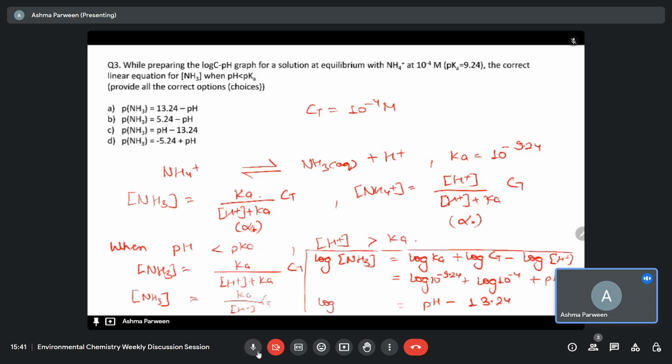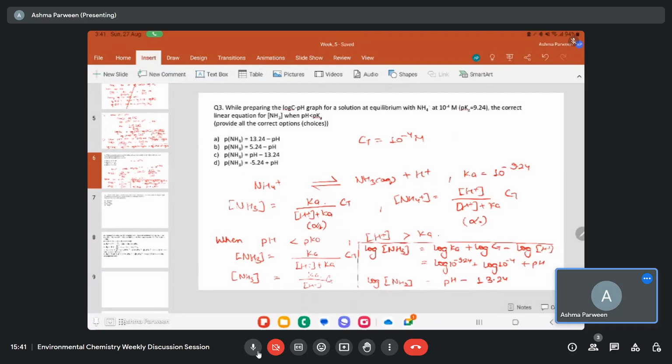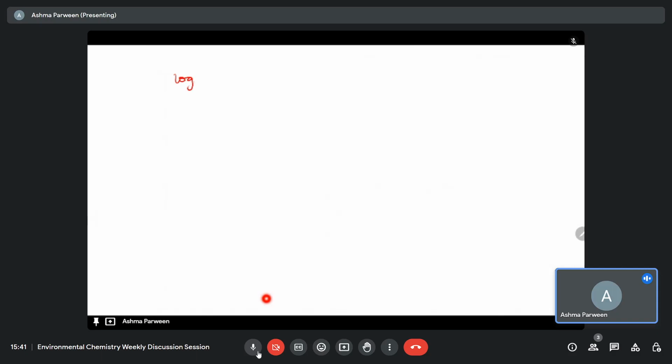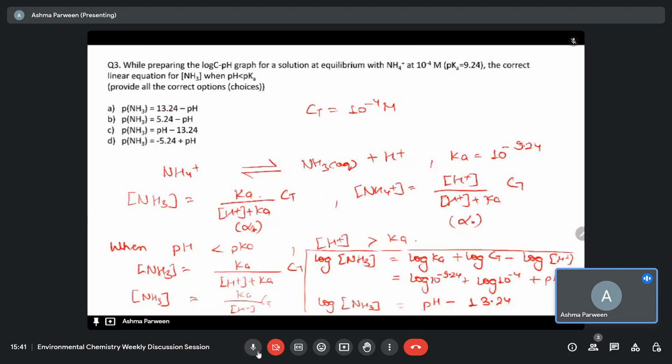So we have got the relation for log NH3: log NH3 is equal to pH minus 13.24, and we have to find the relation for pNH3. So we will take the negative on both sides, and we will have 13.24 minus pH. So minus log NH3 will be pNH3, equals 13.24 minus pH. I think this is option A. So A is the correct option, that pNH3 equals 13.24 minus pH.